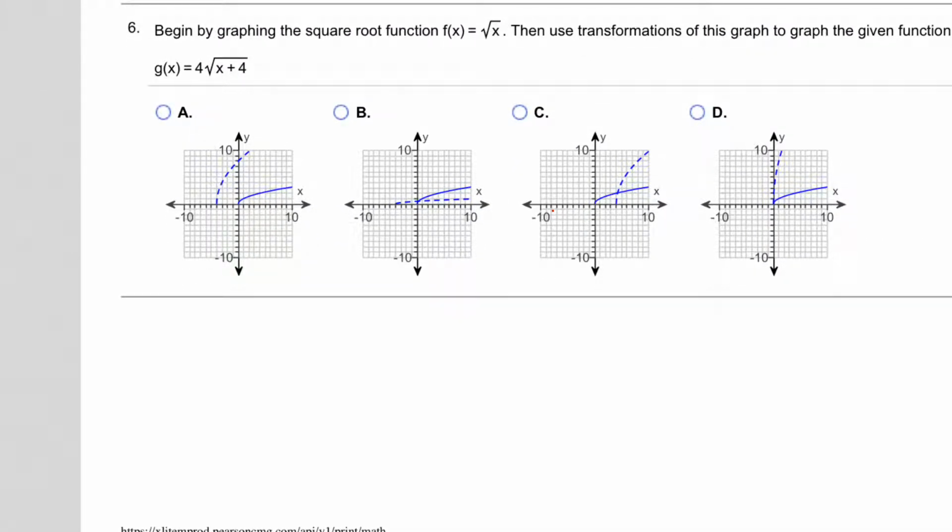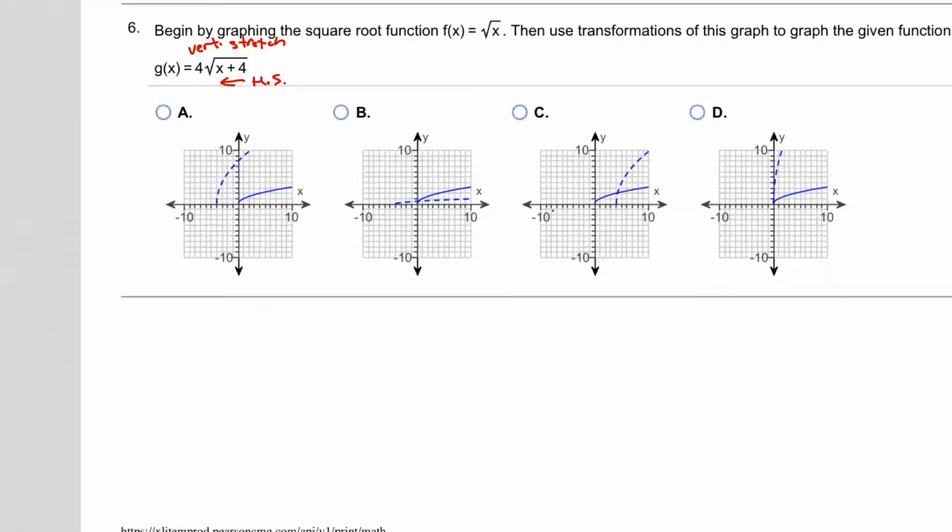All right, again, we have that vertical stretch, okay, which makes it look narrower. And then we have this horizontal shift to the left.